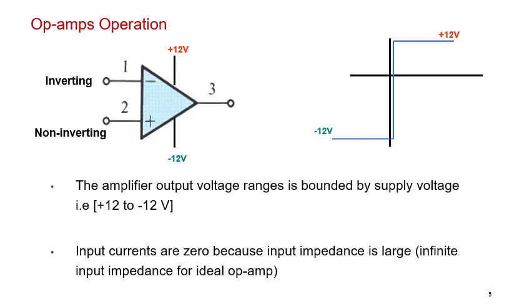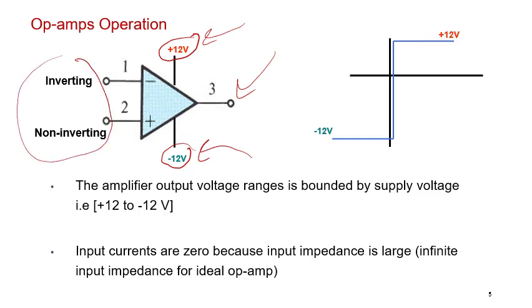So for example, here the VCC is plus 12, minus 12, which tells me that the output signal cannot be more than positive VCC and cannot be less than negative VCC. So yes, the output is equal to the difference between the 2 inputs multiplied by the gain, but it's going to be within plus minus 12 volts.